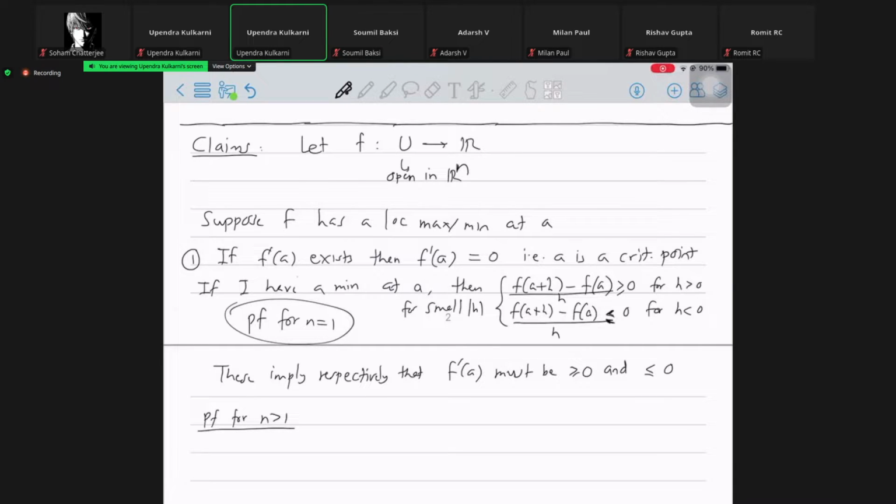I simply build on top of this proof. So what do I say? If I look in any direction, use the n equal to 1 case for every direction.